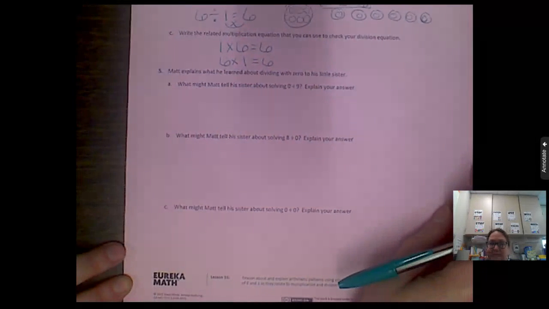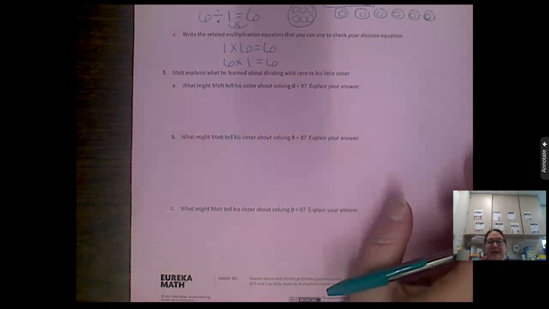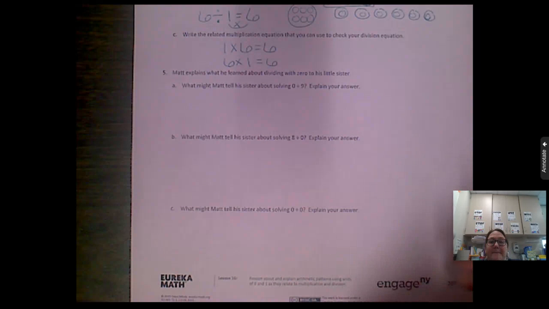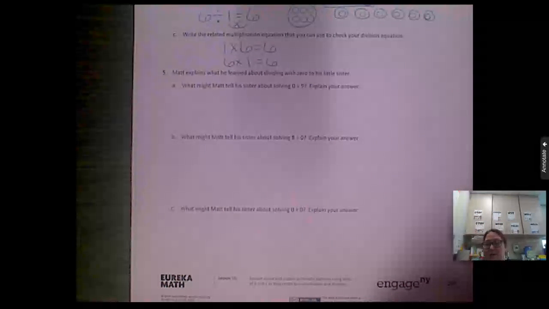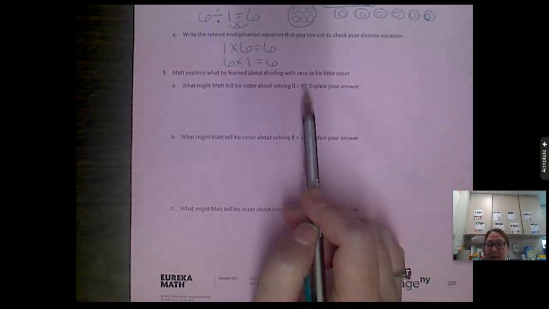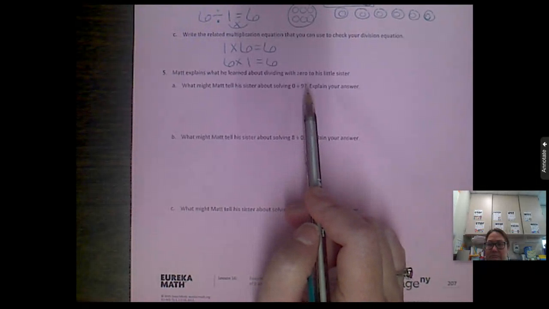Number 5. Put your finger or your pencil on Matt, and will you read this with me? Okay, here we go. Matt explains what he learned about dividing with 0 to his little sister. What might Matt tell his sister about solving 0 divided by 9? So if I have 0 crayons and I want to split them up between 9 kids, how many crayons is each kid going to get? 0, right?